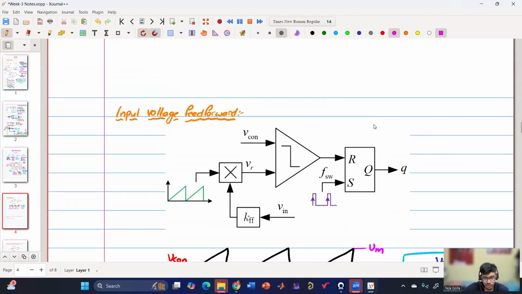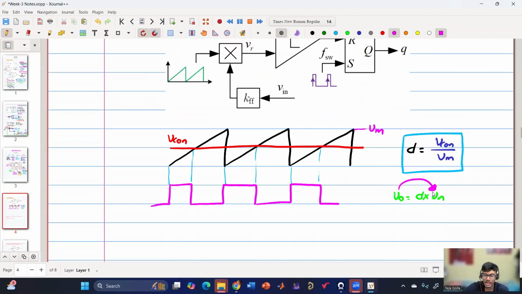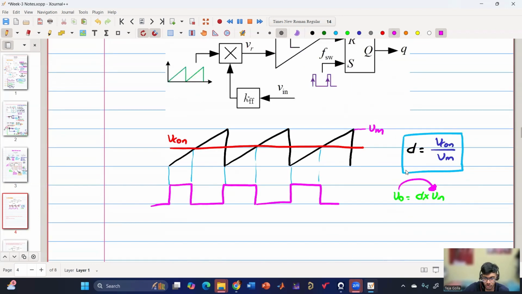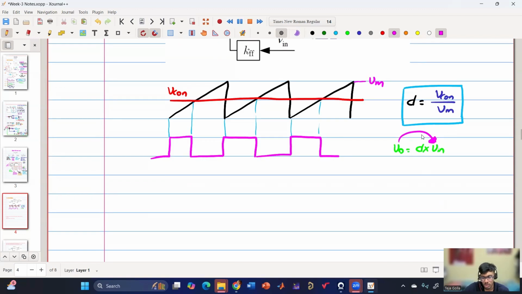But if I don't want my V0 to be directly dependent on Vin, how can we introduce some feed forward? Basically, here we are discussing feed forward. We can introduce some feed forward technique so that the dependency will be removed. So, sir has considered one example.